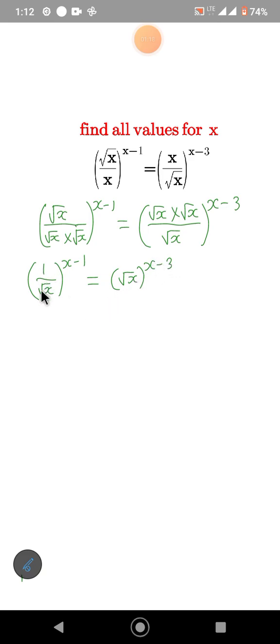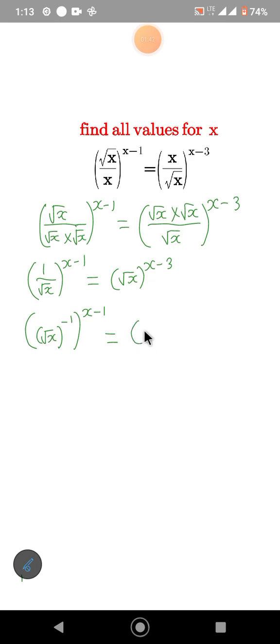Then now in this particular place, this 1 over root x, according to the law of indices, is the same thing as root x raised to the power minus 1. Then this power minus 1, I put it outside here, it's a power.